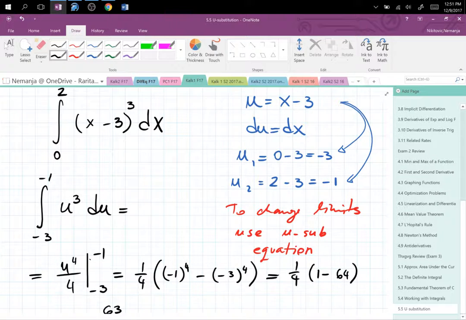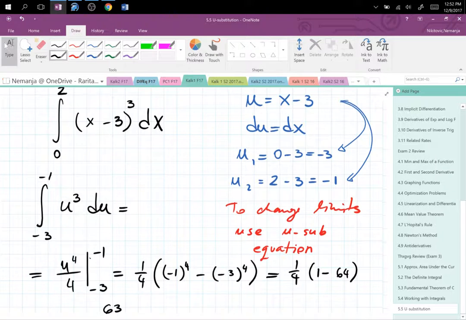So what do students do? They say, okay, I'm not going to put any limits there. I'm just going to remember to go back to x and compute at the original limits. You will get the same answer. But the trick is that under the stress during the exam, they forget. So you have half of the classroom that didn't do it because they forgot about the limits. So, you know, again, pick your poison.